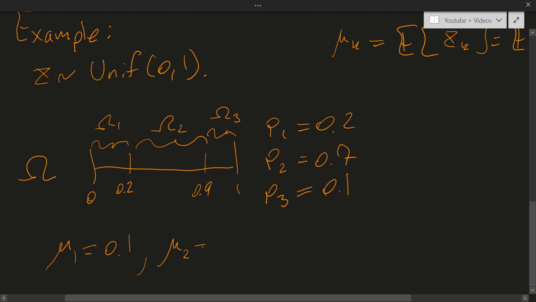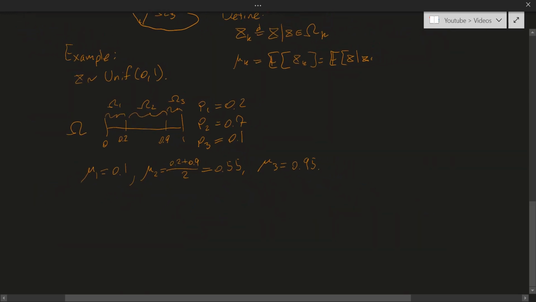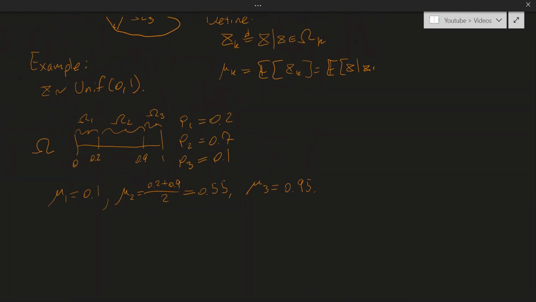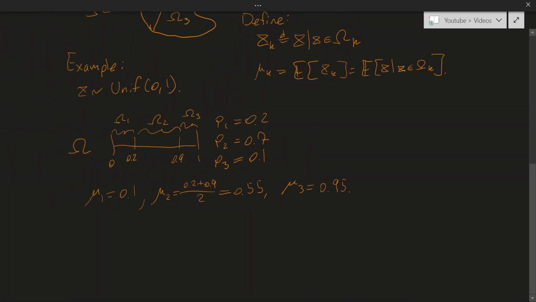So mu_2 is equal to 0.2 plus 0.9 divided by 2, which will be 0.55, and mu_3 will be equal to 0.95. Okay, now that was just an example of how we can stratify.